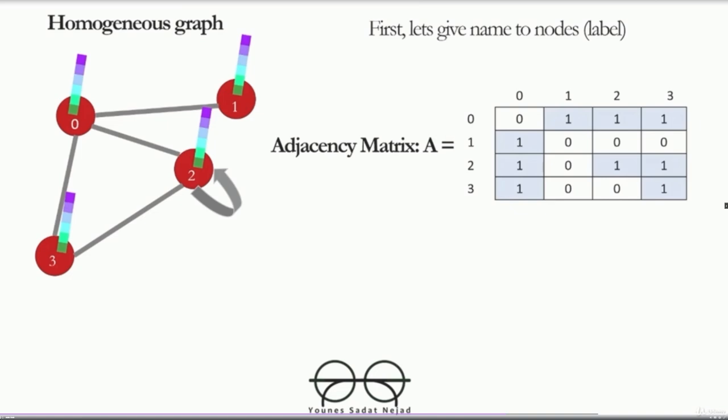Therefore, we have a value of 1 for (2, 0), (2, 2), and (2, 3), and a value of 0 for (2, 1). To illustrate a specific element from the adjacency matrix, we could use the notation of Aij, where Aij is the connection from node i to node j.